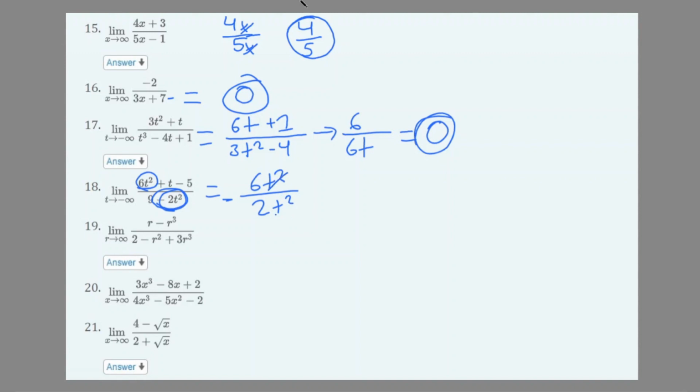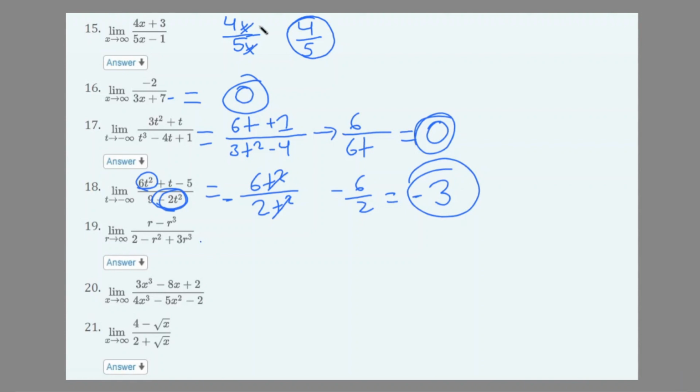If we solve for it, the t squared cancels, and we get negative 6 over 2, which deduces to negative 3. So as t goes to negative infinity, we could deduce that the limit is negative 3. Because even on the negative side, negative infinity, it goes to negative 3, and to infinity, it goes to negative 3. So that would be your answer for that.